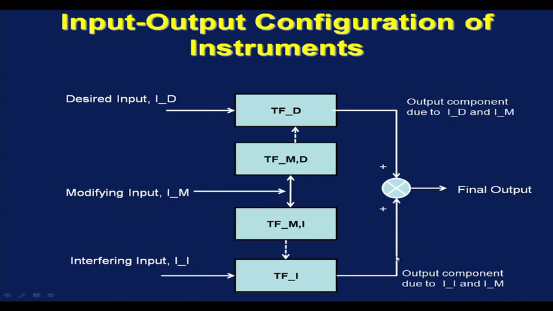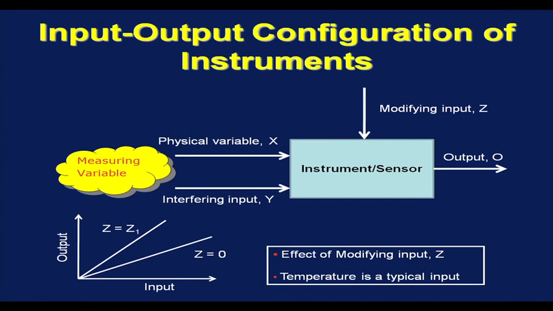When these two components are summed up, we get the final output. It can also be represented by a simpler block diagram like this, where the instrument receives not only the signal corresponding to the physical variable we are interested in measuring, but also interfering input as well as modifying input. So, the instrument receives all these different types of inputs and finally responds with its output.